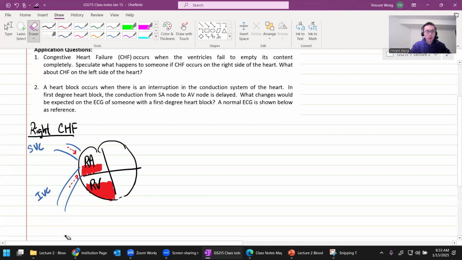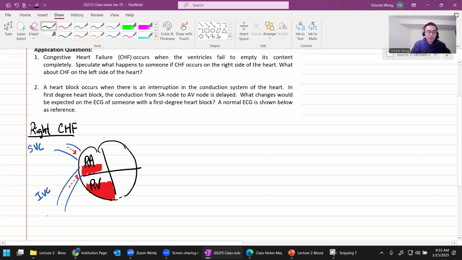So all this blood that is trying to return to the heart is having a difficult time doing that. It's not so much of a problem for the superior vena cava because gravity is going to help return it to the heart. But for the lower portion of the body, it's really gonna be problematic.